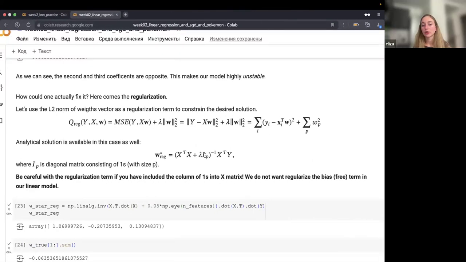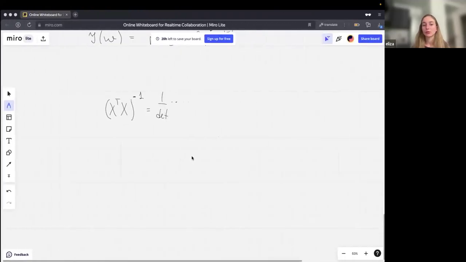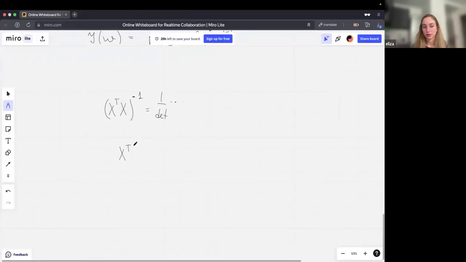And the regularization part can help to fix it because, for example, lambda is a hyperparameter. You just take your matrix and add some part. How can it help?